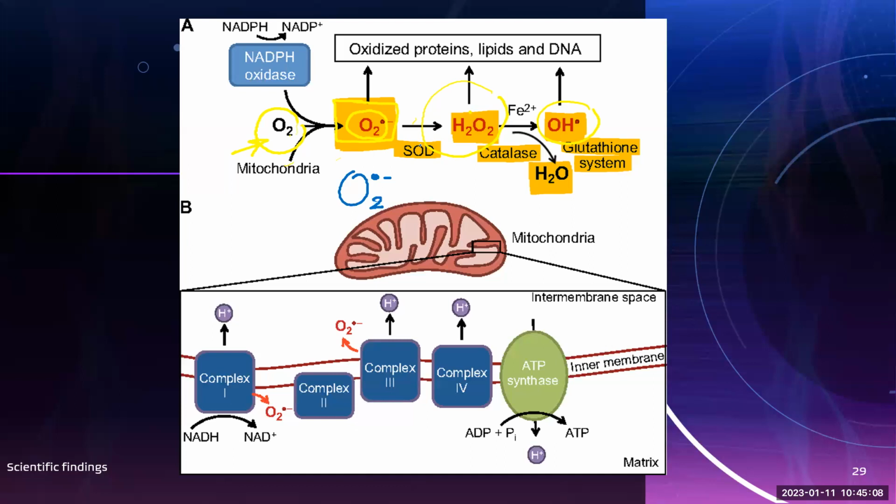That means peroxide production is directly proportional to the anion free radicals, the oxygen anion.